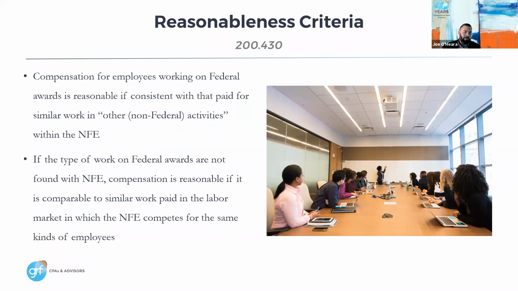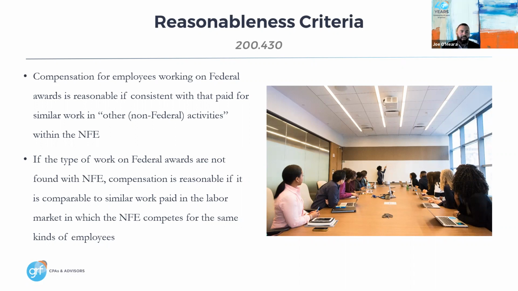So again, I mentioned the reasonableness criteria. The U.S. government has an expectation that the compensation you're paying for employees working on federal awards, or indirectly being charged to federal awards, is consistent with that paid for similar work in other activities that you're not charging to the federal government.